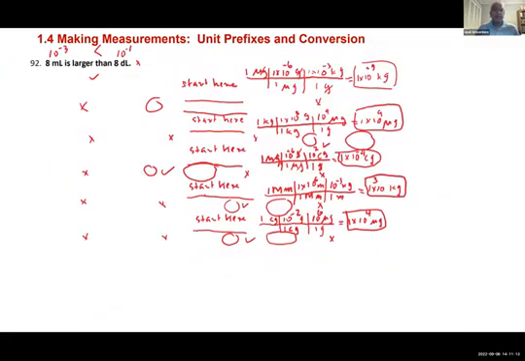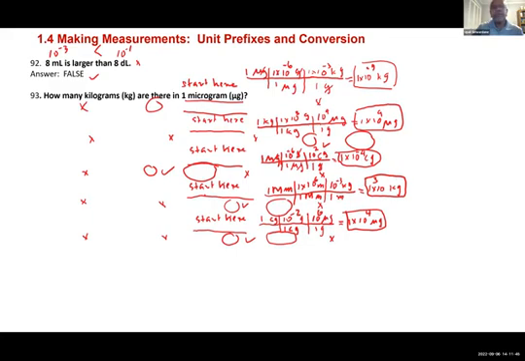Okay, there are a series of questions that you have to check. 8 milliliters is larger than 8 deciliters. Deciliter is larger than milliliter. So therefore it's wrong. Milliliters cannot be larger than deciliters. False.